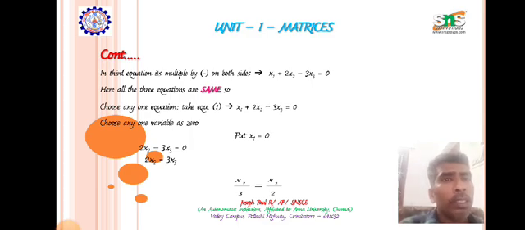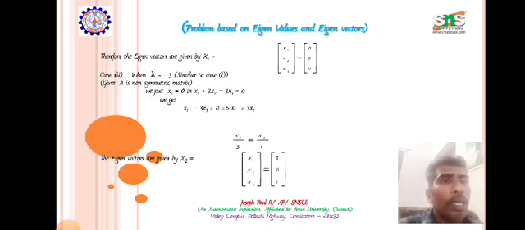Let me take x1 as 0. So we arrive at 2x2 minus 3x3 is equal to 0, so 2x2 is equal to 3x3. By interchanging the coefficients, x2 by 3 is equal to x3 by 2. So the first vector, x1, x2, x3, is 0, 3, 2.